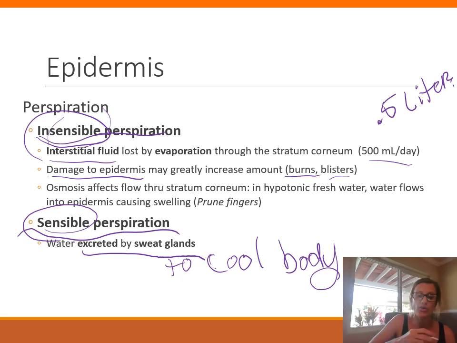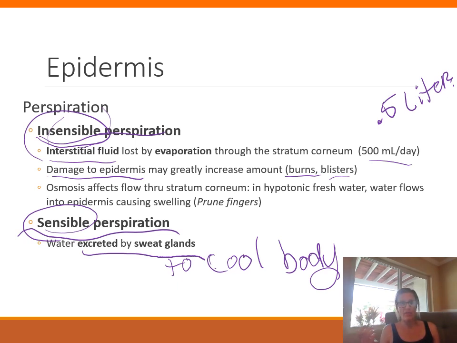Burns. This is another really important thing in relation to insensible perspiration. When someone has burns over a large portion of their body, they have damaged the epidermis. It's no longer intact. And the person actually loses a ton of water. So dehydration via just evaporating fluid can cause really severe dehydration.